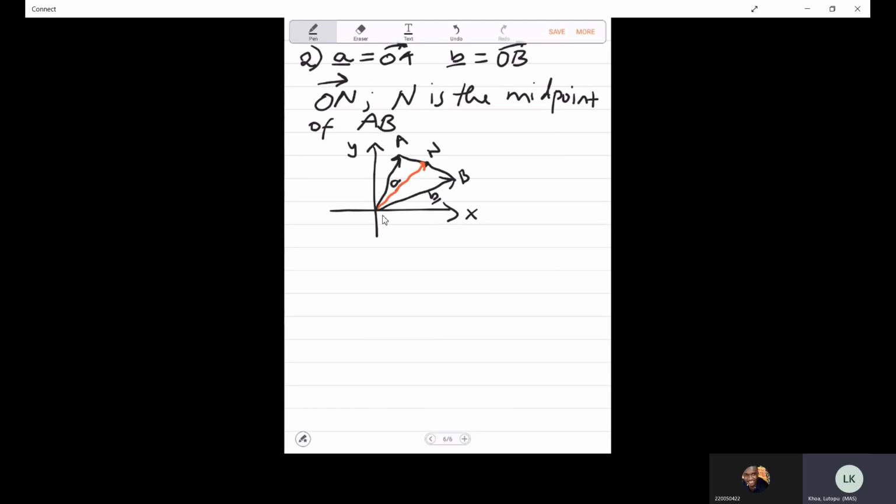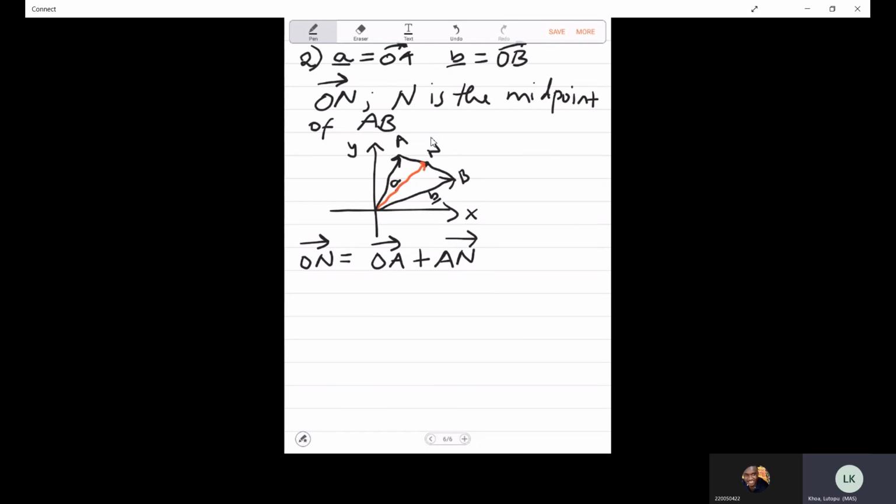As long as you start at O and end up at N, you will get exactly the same answer. So what I did is I said ON is equal to, so I'm starting at the origin. Then what I do is I go from the origin to A. So that means I must write this vector OA. And then once I'm at A, I go to N. So I add AN.